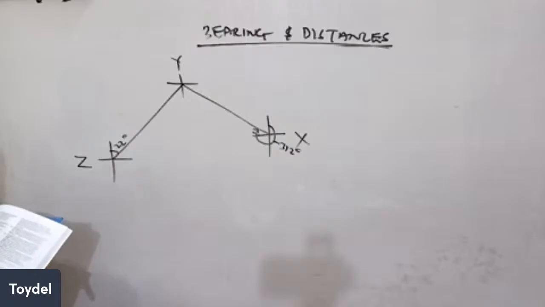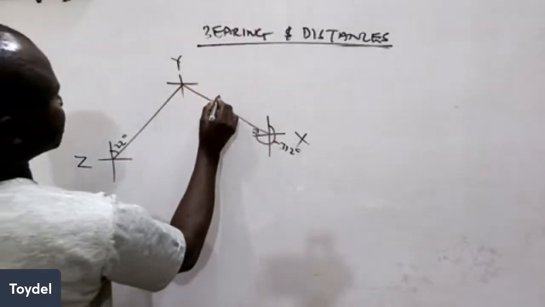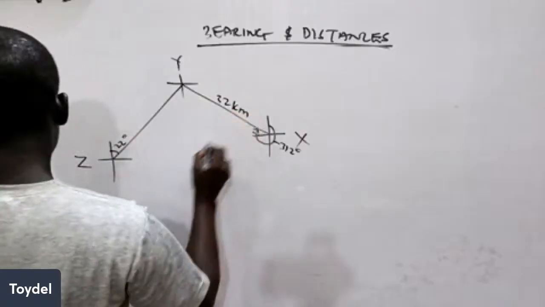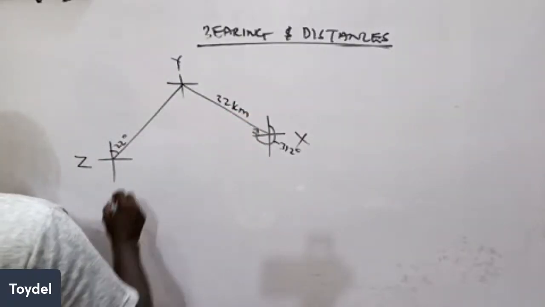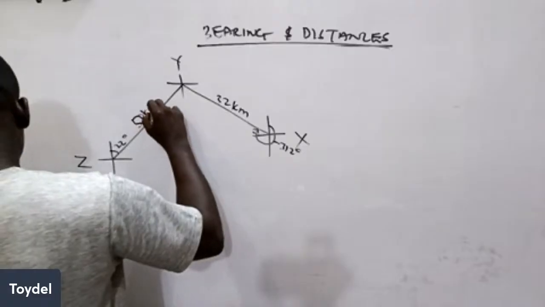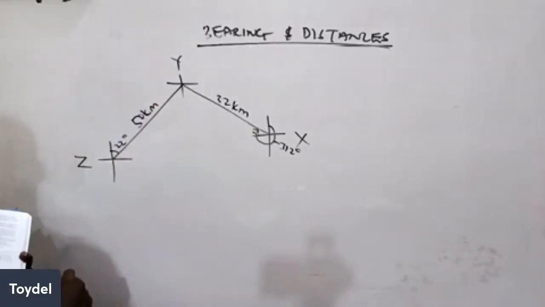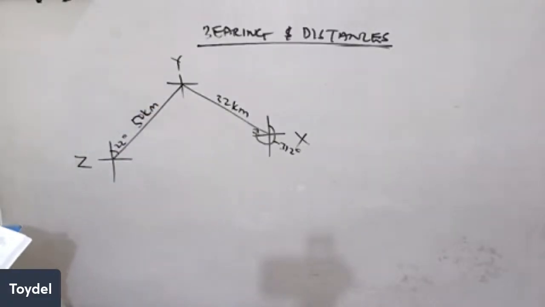If XY is 32 kilometers, and ZY is 50 kilometers, calculate, correct to 1 decimal place, XZ.